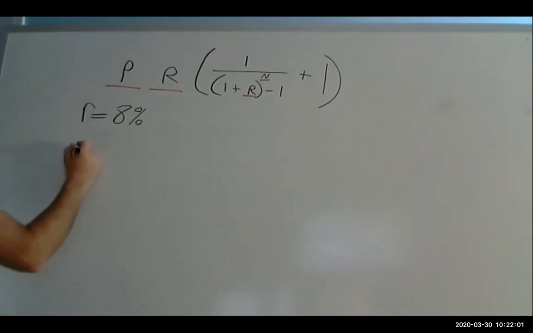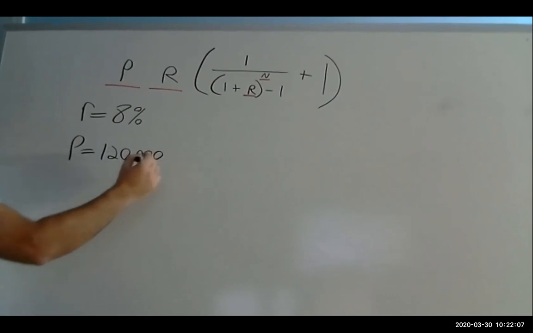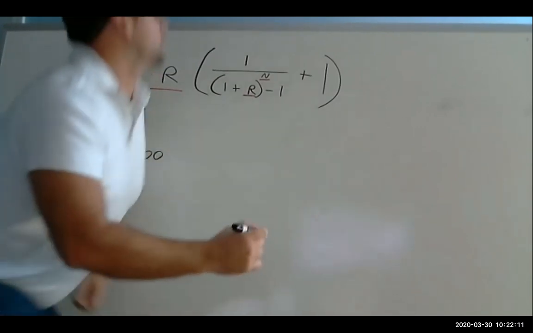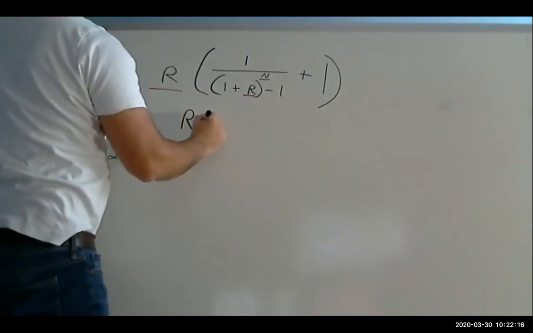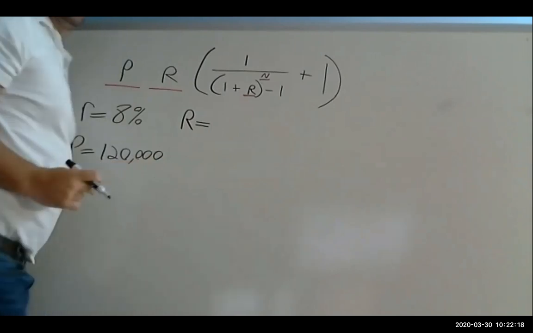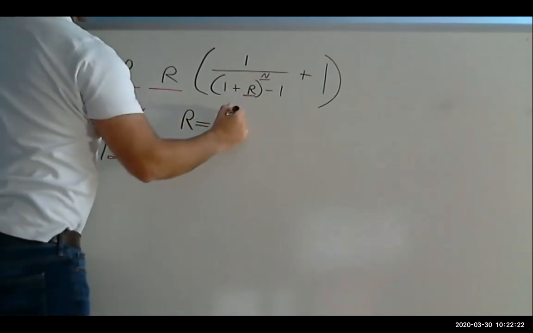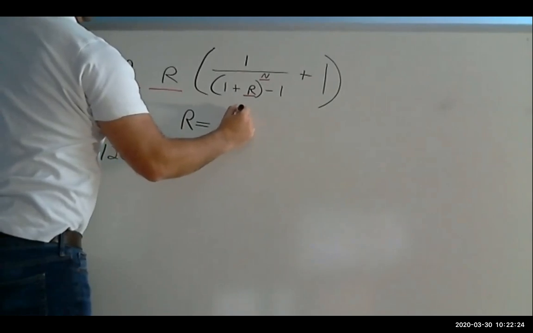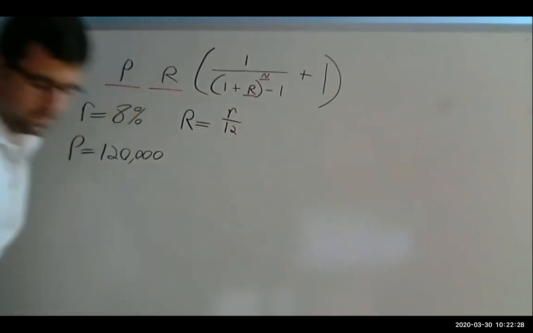No, that's P. So big R is the monthly rate. So it's little r over 12.